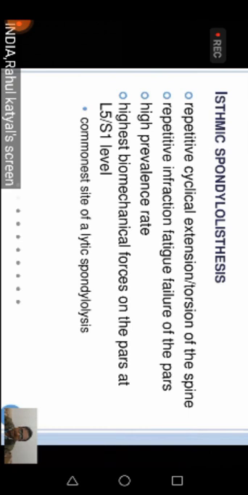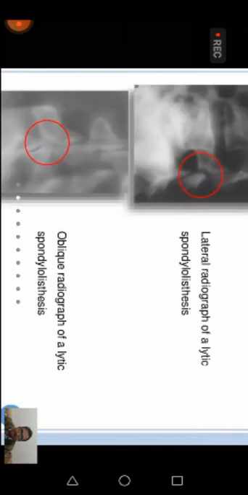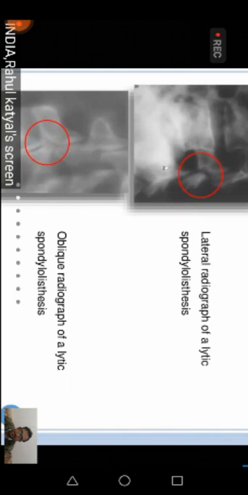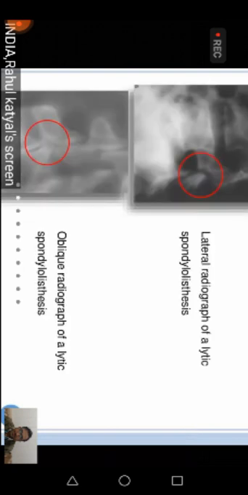If we see on the X-ray, here you can see the lytic spondylolisthesis. This occurs because of the pars interarticularis, the part of the spine bone, due to some repetitive movements. So there is a shift of the bone forward because of the pars interarticularis. Since we do not deal with these patients, these are basically surgical cases.